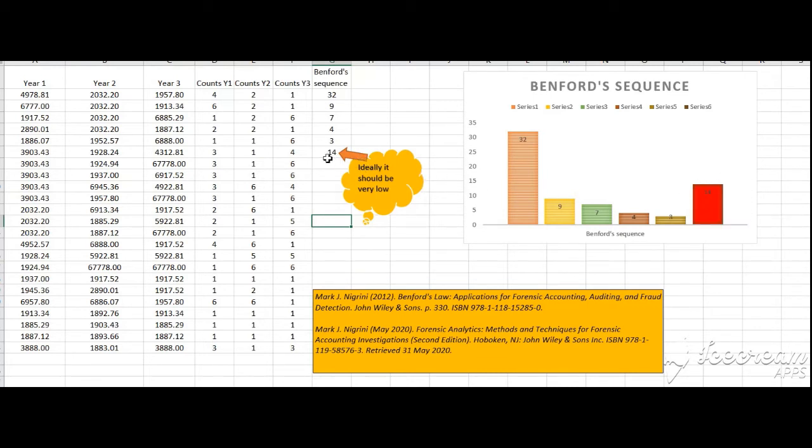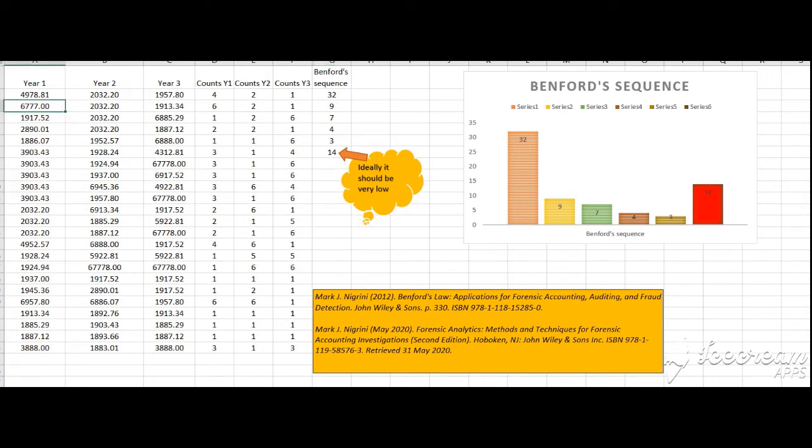Ideally it should be very low. Ideally it should be like 2 or 1 or something, or could even be 0. But since this number is not low, on the contrary it is extremely high, the Benford sequence is broken. The Benford sequence being broken means we have to investigate on those occasions.